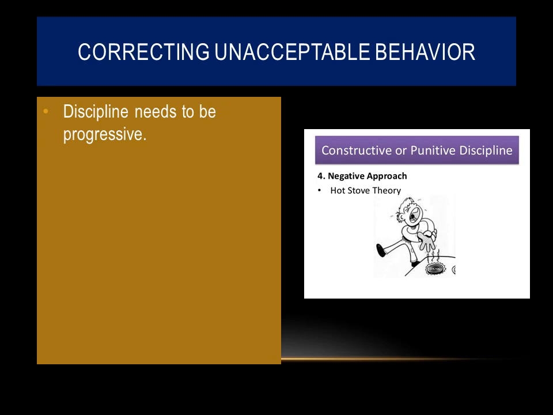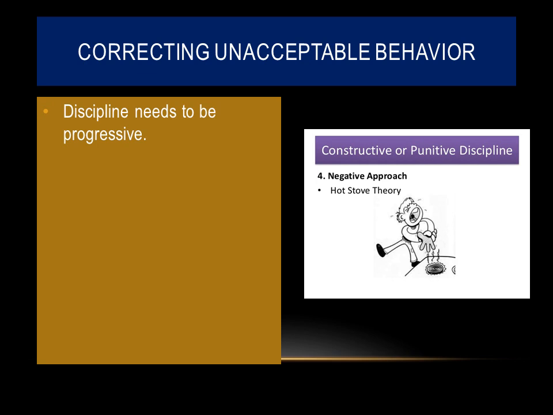Now, when we talk about discipline, first of all, there needs to be some type of policy in place in your department as far as how discipline is going to be conducted. You can't just shoot from the hip and have nothing in place, because now you're really opening yourself up to litigation.